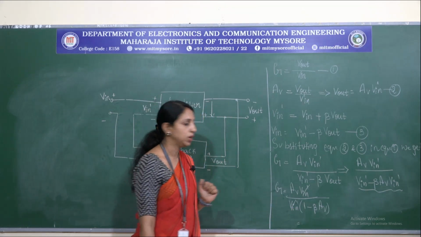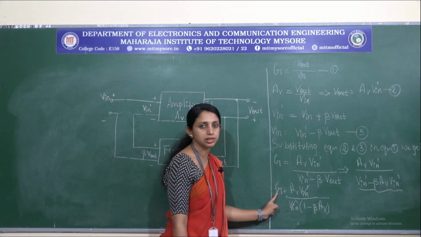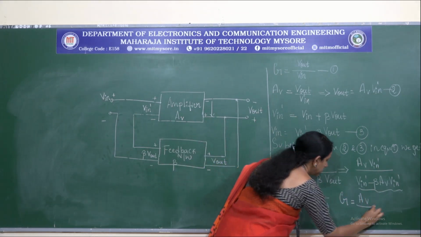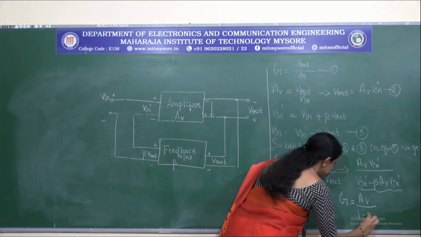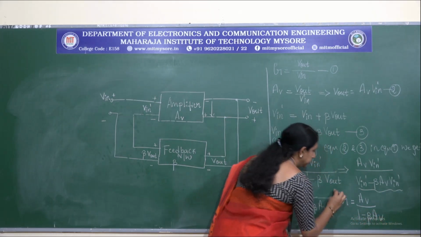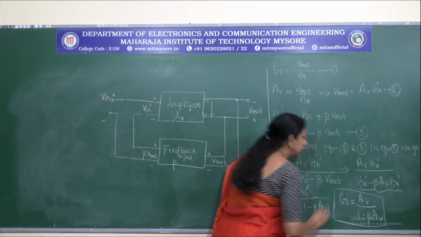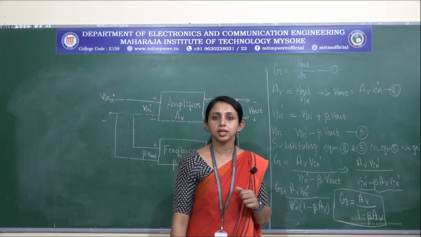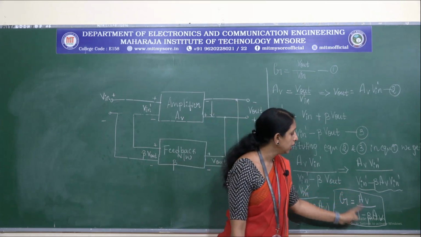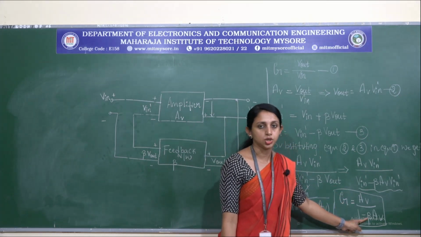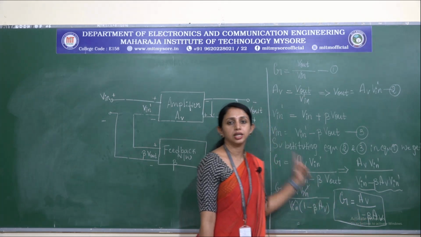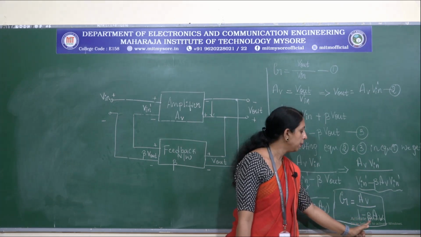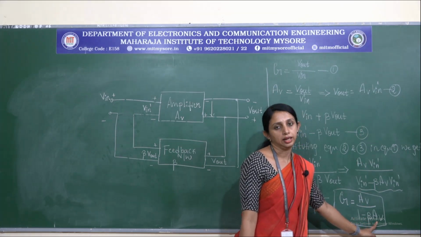Finally we will get an equation for overall gain of the oscillator as G is equal to AV divided by 1 minus beta into AV. So this is the final expression of overall gain of the oscillator, which consists of the voltage gain AV and beta, that is the feedback ratio. The overall gain of an oscillator circuit is given by AV divided by 1 minus beta into AV.